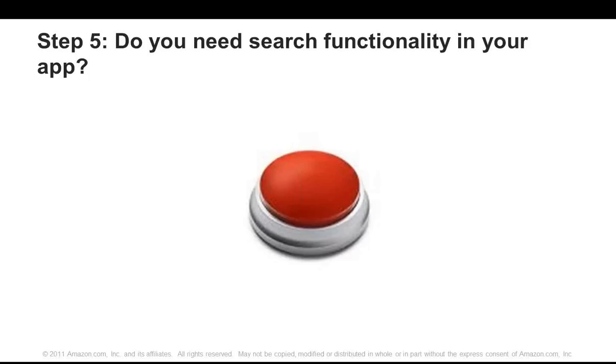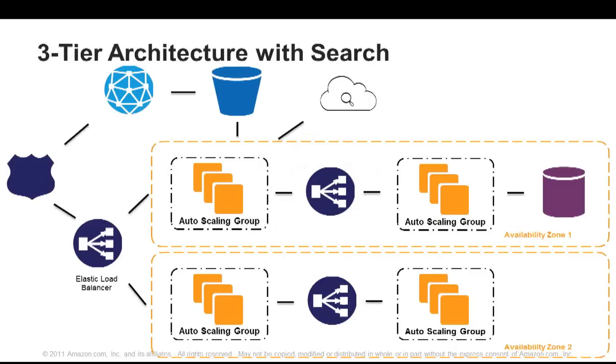And so the architecture in this case, if you really want to add that kind of high-powered and really great search functionality to your app, is very simple. Again, we basically are just expanding on the three-tier architecture that we set up in the last diagram, and just tying in search, which is actually very easy to do with Amazon CloudSearch.